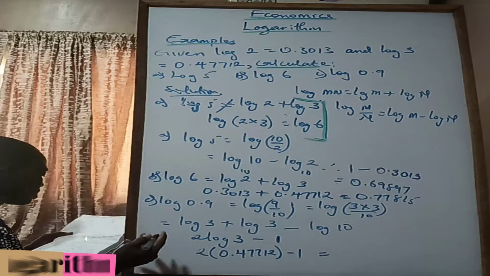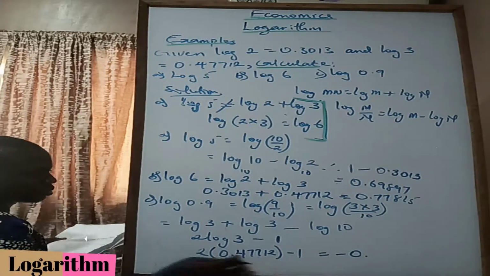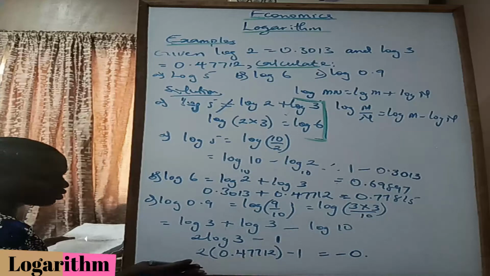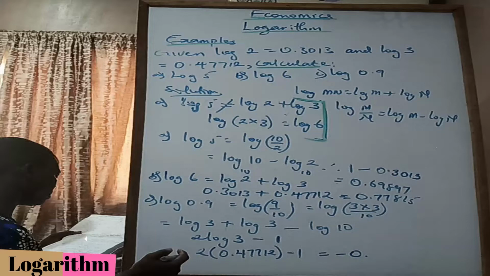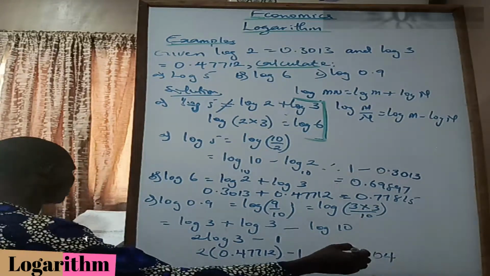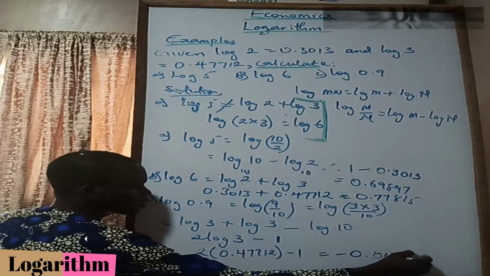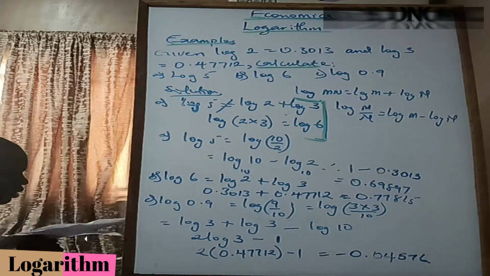I didn't multiply this one out. So what I have here is minus, of course, because the answer that we're getting is going to be lower than 1. So we have minus 0.0576. Something around this. But is it really supposed to be up to minus 0.04?